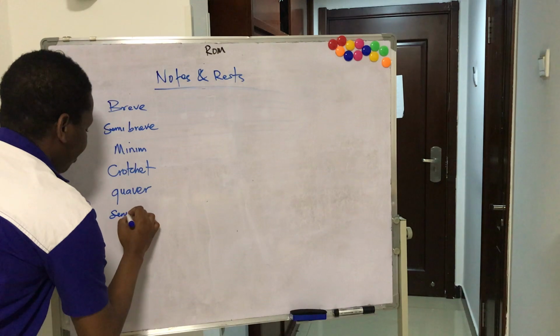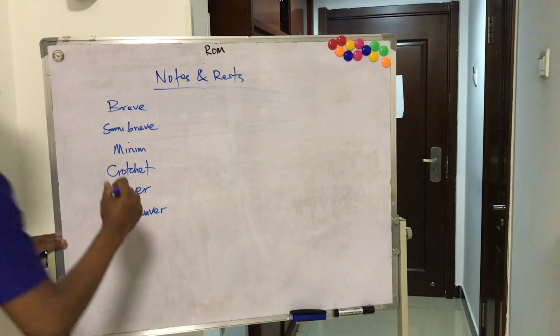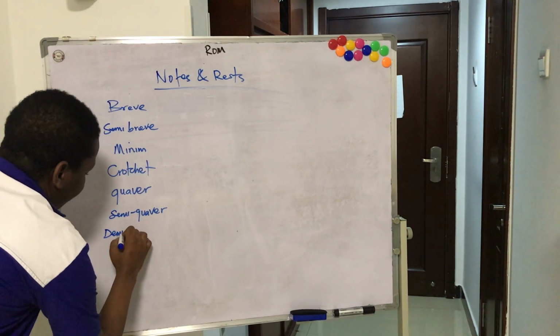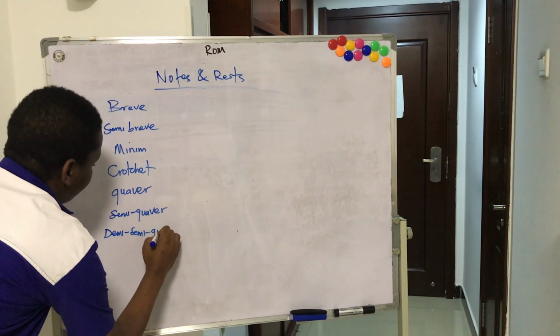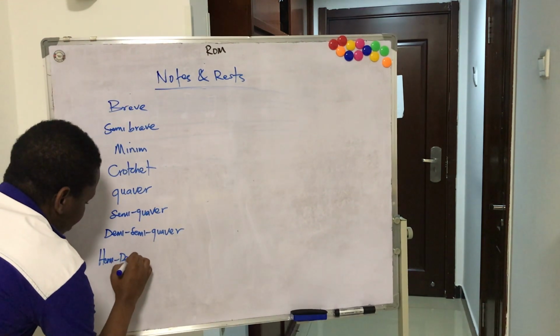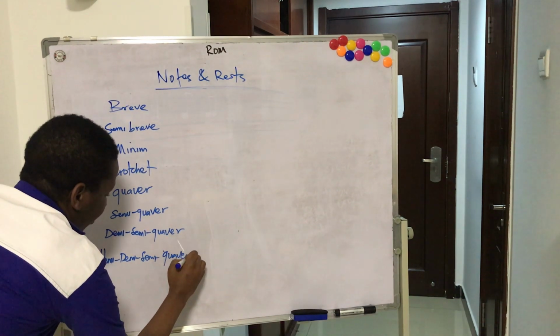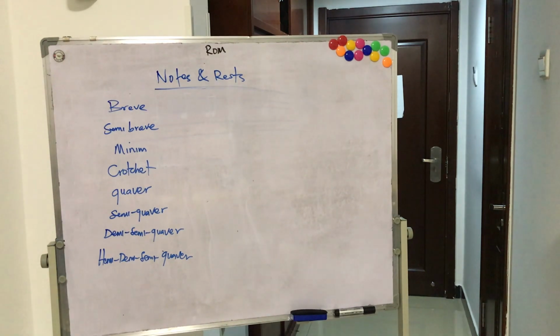We have semiquaver, we have demisemiquaver, and lastly we have hemidemisemiquaver. Okay. So this is pretty easy. Breve, semibreve, minim, crotchet, quaver, semiquaver, demisemiquaver, and hemidemisemiquaver.